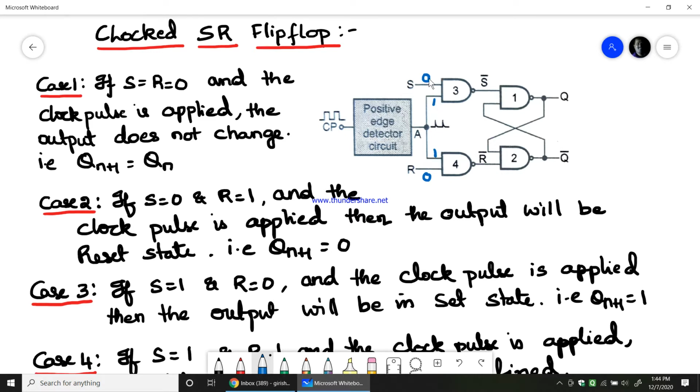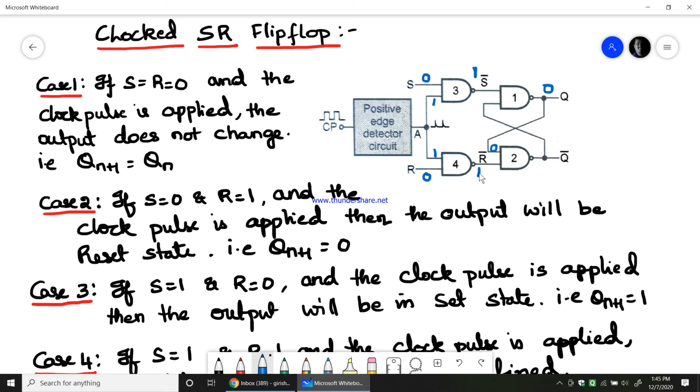Now when I NAND 0 with 1, we know the output of the NAND gate will always be 1. So if any one input of the NAND gate is 0, then the output of that NAND gate is 1. Similarly, this 0 NANDed with 1 will give 1. Now if we assume Q is 0, then this 0 is given as the second input for NAND gate 2.